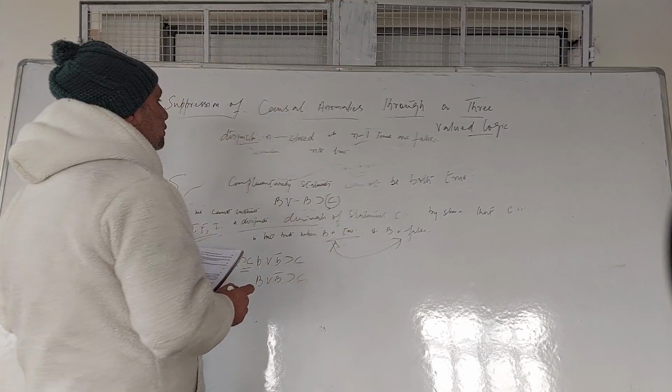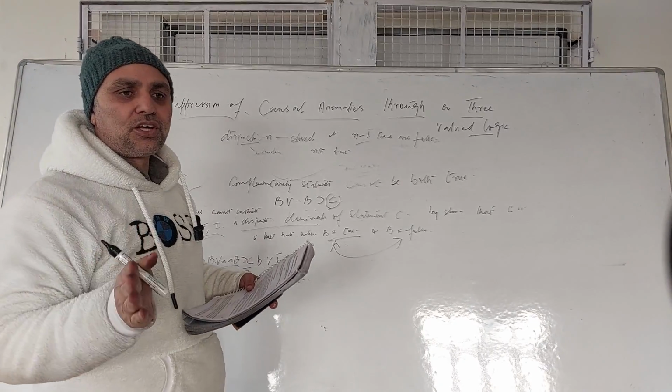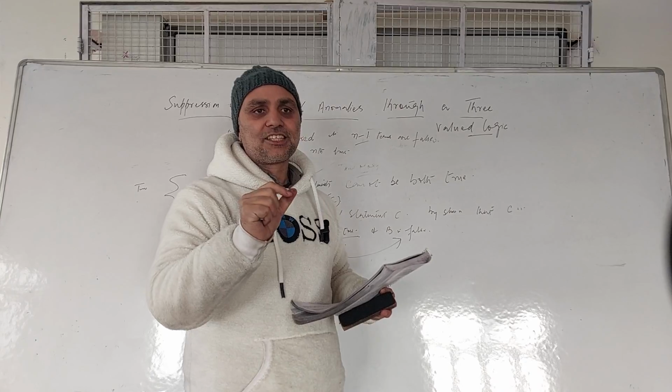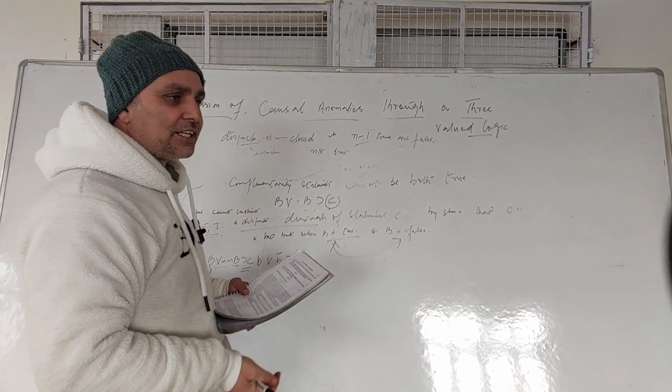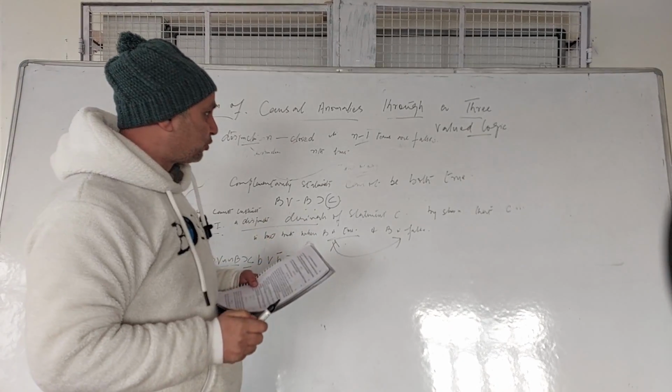So a disjunction is closed if we are just dealing with true, false. So n minus 1 terms are false and the next term after the n minus 1 comes out to be true.